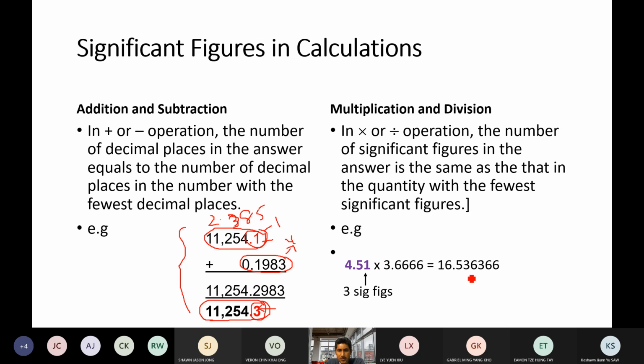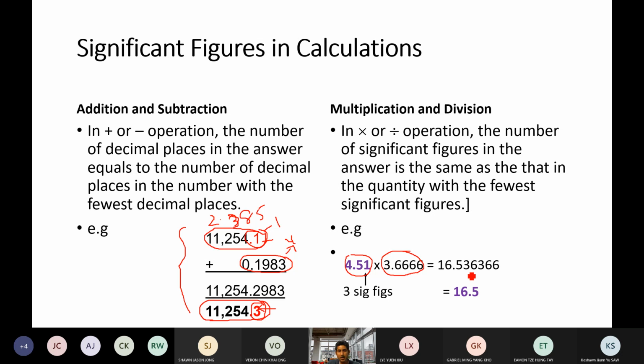The same thing goes for multiplication and division operations. The final result will have the lowest number of significant figures. Here we have 3 significant figures and here we have 5 or 6 significant figures. The final result will have only 3 significant figures.